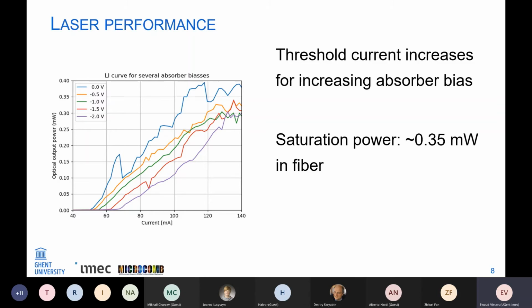So you'll have to compensate for this with extra gain in order to still start lasing. And we also saw that the saturation power was around 0.35 milliwatts. And this was outcoupled into the fiber.